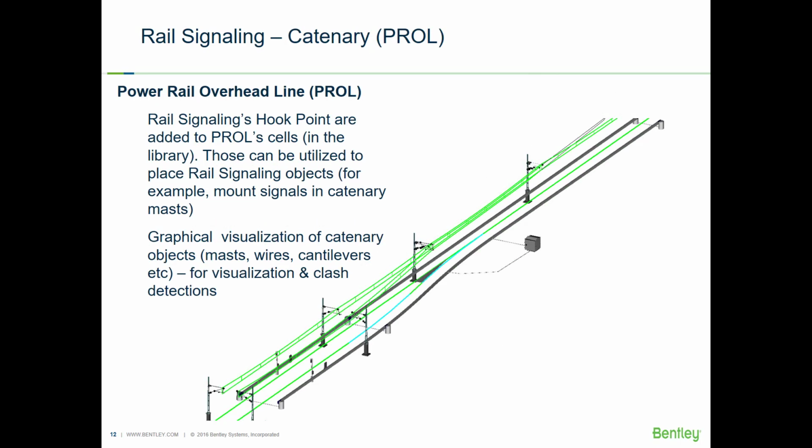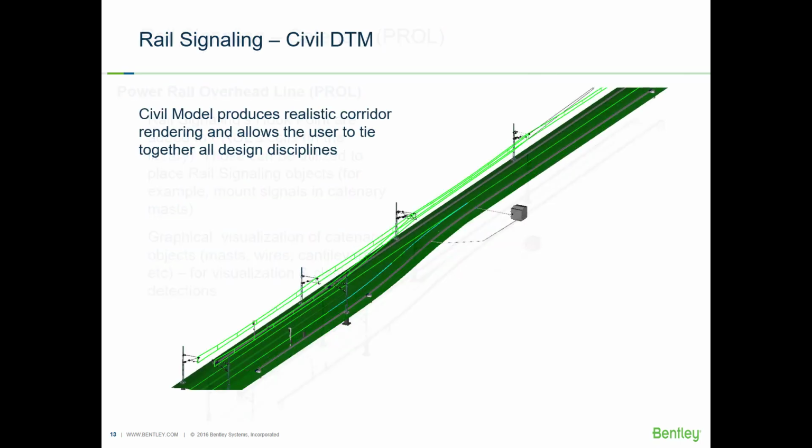Moreover, we can bring the catenary equipment into our model to visualize the catenary mast, the cantilevers and the wires. We can also add in the civil model, like the DTM, which will represent the ground surface.